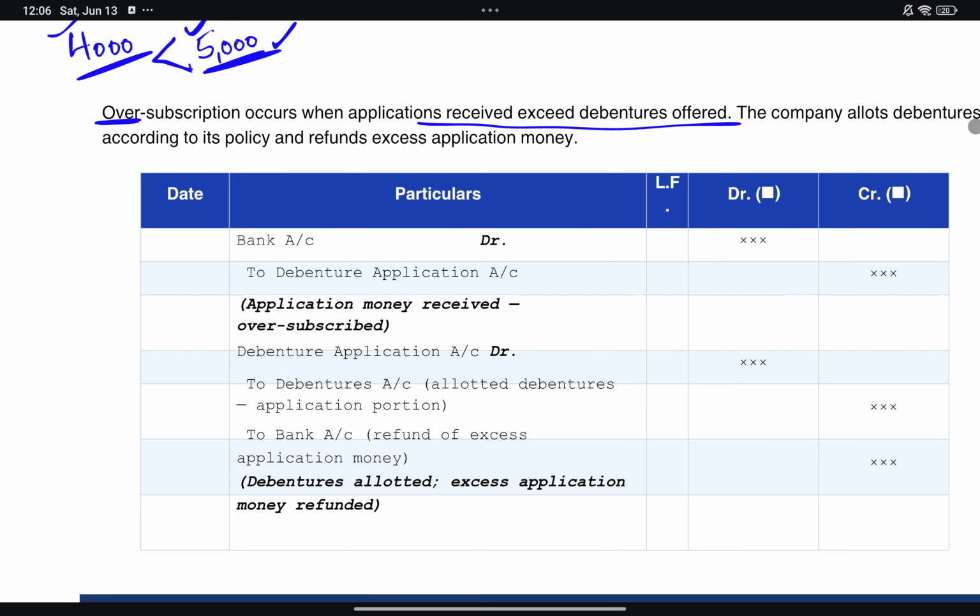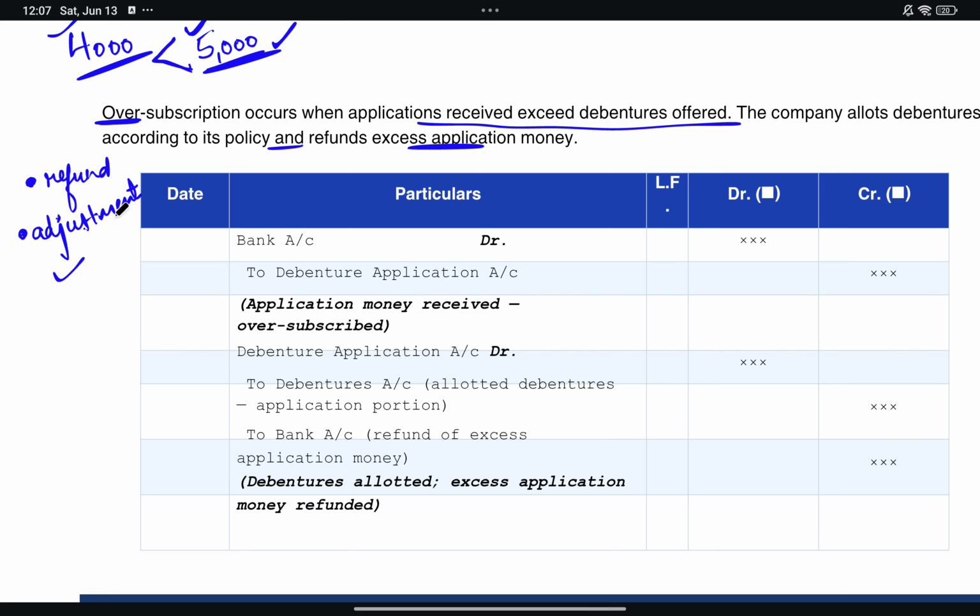The company allots debentures according to its policy and refunds the extra application money. It is totally up to the company's wish whether it wants to refund the excess money or adjust the application money against the next installment, that is, allotment. Got it? So it is up to the company's policy.